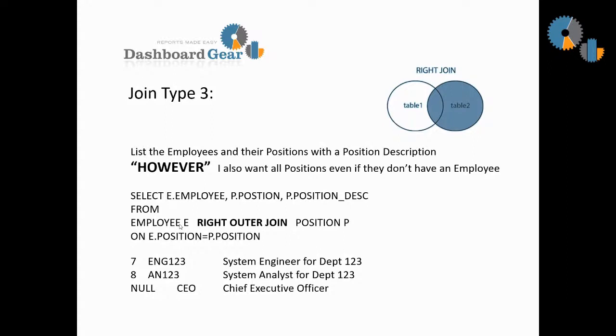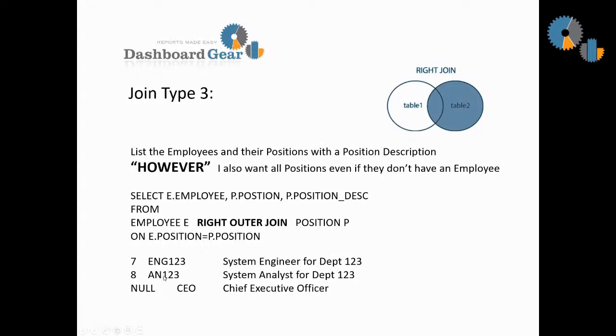And so the key on that is I find it's easier to always use left and then just know that whatever records I want from the table, I'm always putting on the left side of this join. So I could have put position where I have employee here on the left instead of the right and called it the left outer. You'll get the same exact results in that case.